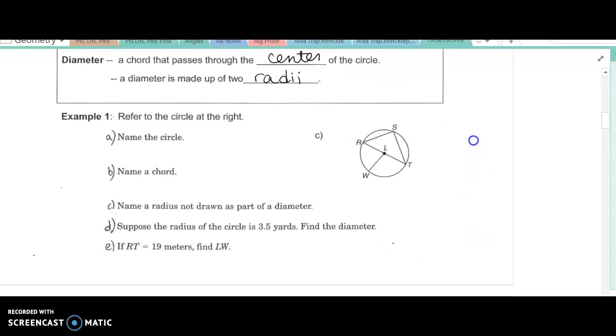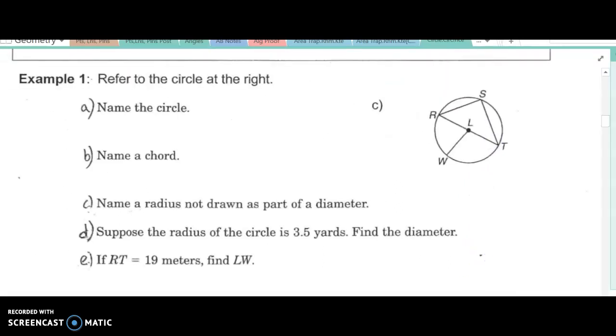Okay, number 1. Refer to the circle at right, name the circle, name a chord, and then we'll go to C, D, and E. So first of all, for the center, this would be the circle symbol, the dot in the middle, circle L. A chord, there are several correct answers. You could say RS, you could say ST, or you could say RT.